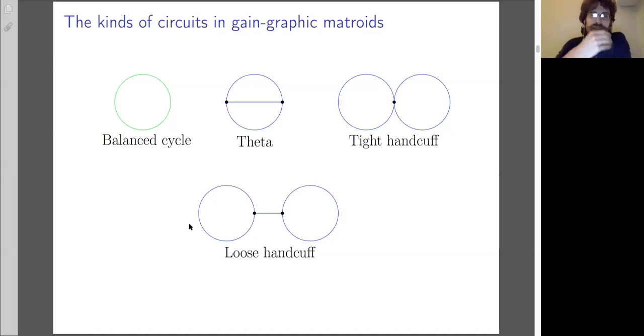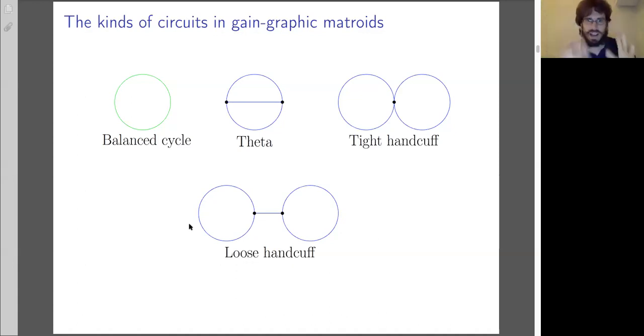Okay, but once you see that you can do this, you might start to get curious about what exact properties of the collection of balanced cycles that you get in this way you are using in order to get that this construction gives you a matroid. Or to make that question more precise, let's say I have just some arbitrary set of cycles in a graph, and I'll just call those balanced cycles.